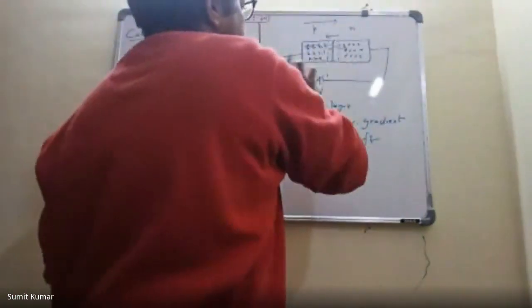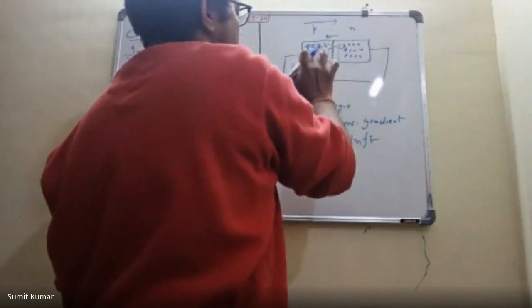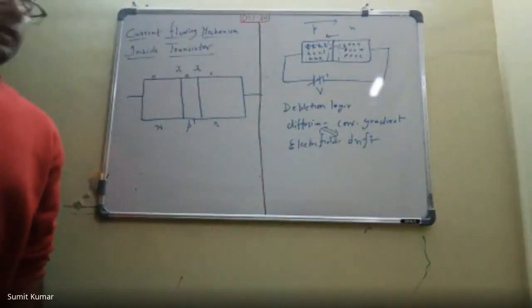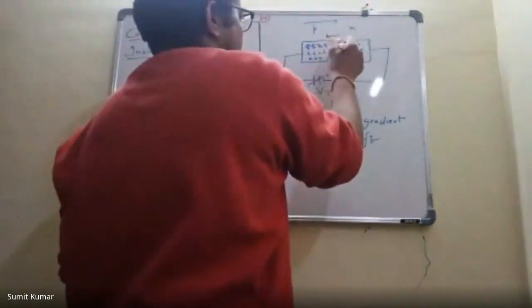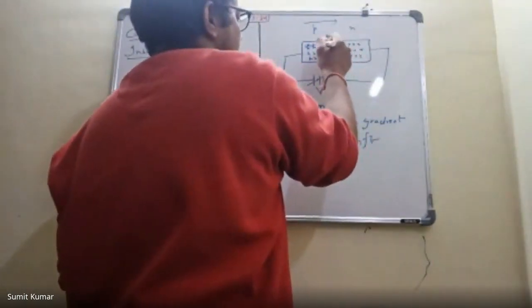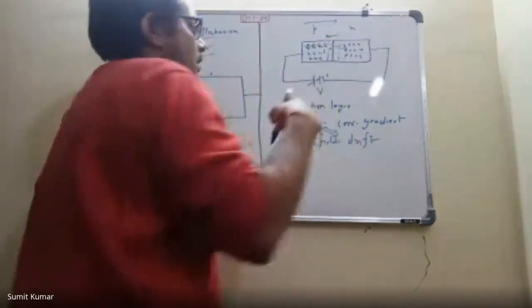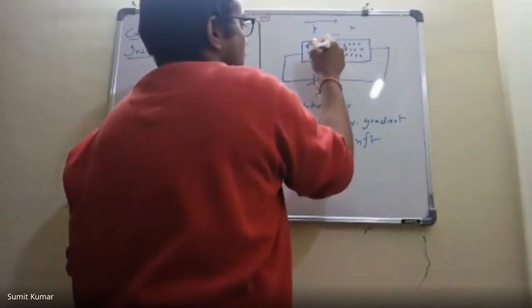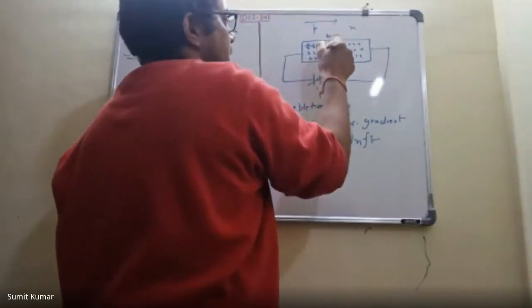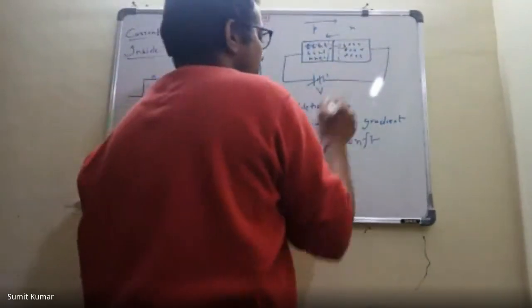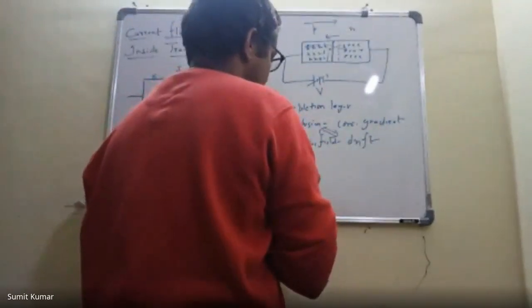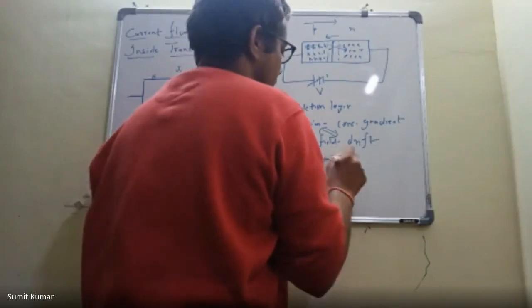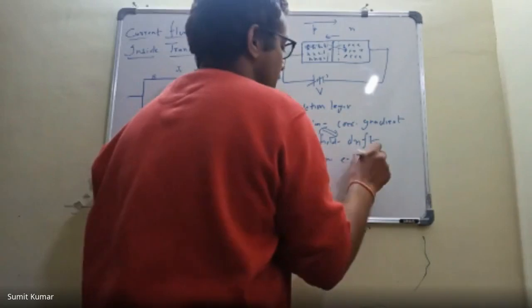When these electrons are moving, in between they will recombine with the holes, because there is a very good probability of recombination. If these electrons are recombining, then what will happen? These holes will diminish. So the electron-hole pairs will diminish because of recombination.